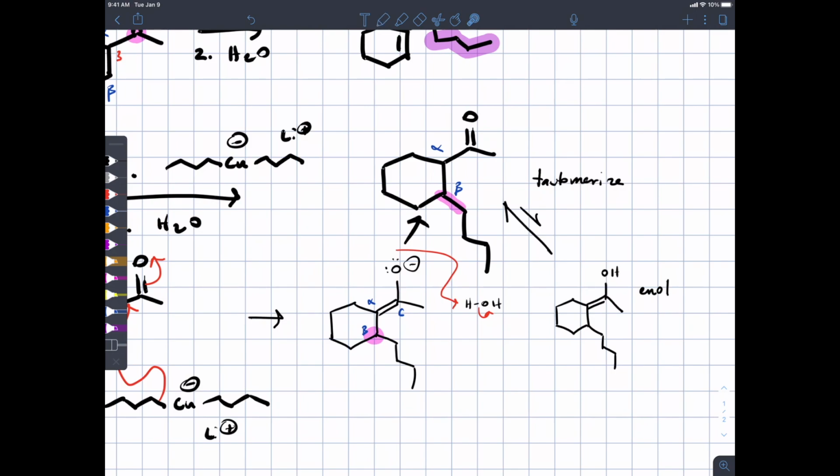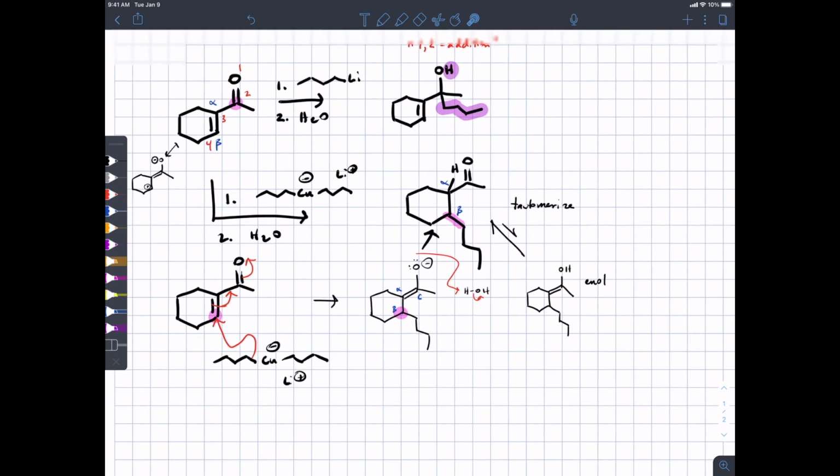Here in the enol, the double bond is between carbons. Here it's between carbon and oxygen. Here the hydrogen is bonded to oxygen. Here the hydrogen's bonded to the alpha carbon. So once you form the enol, you get tautomerization to the more stable ketone form. Your mechanism takes you through the enol and then says it tautomerizes.